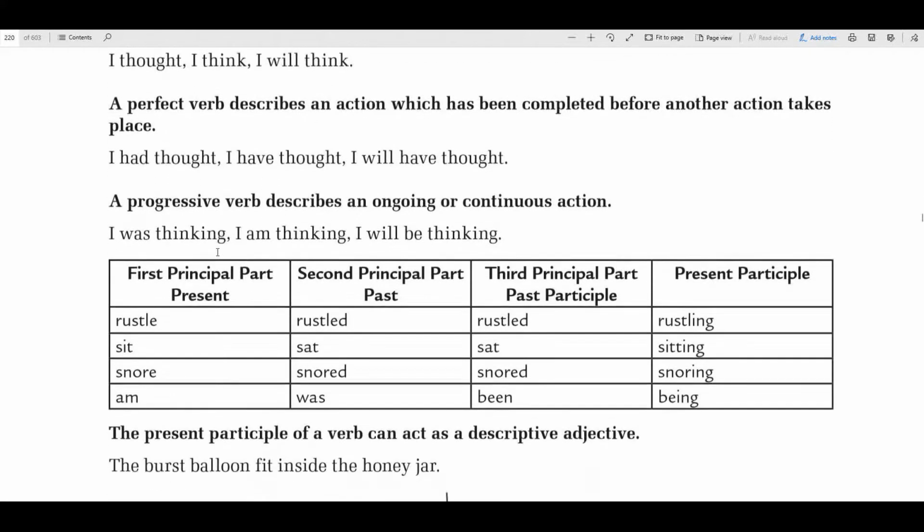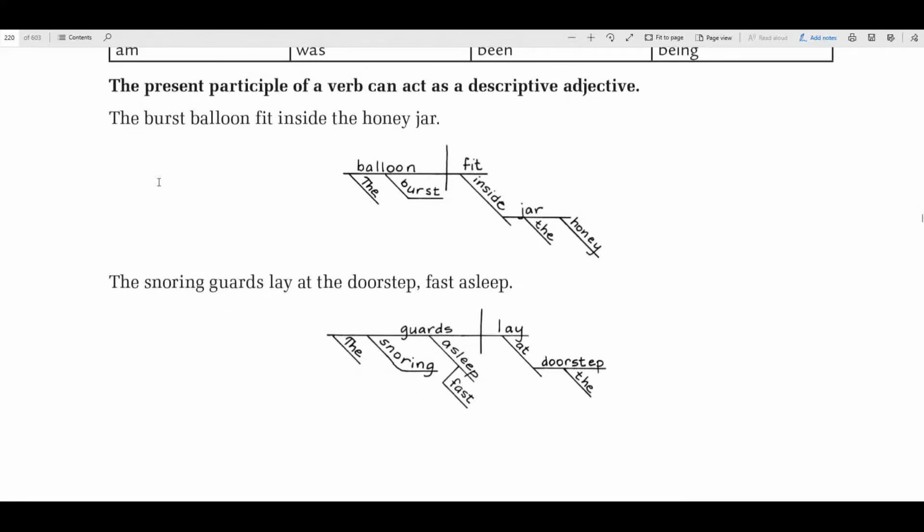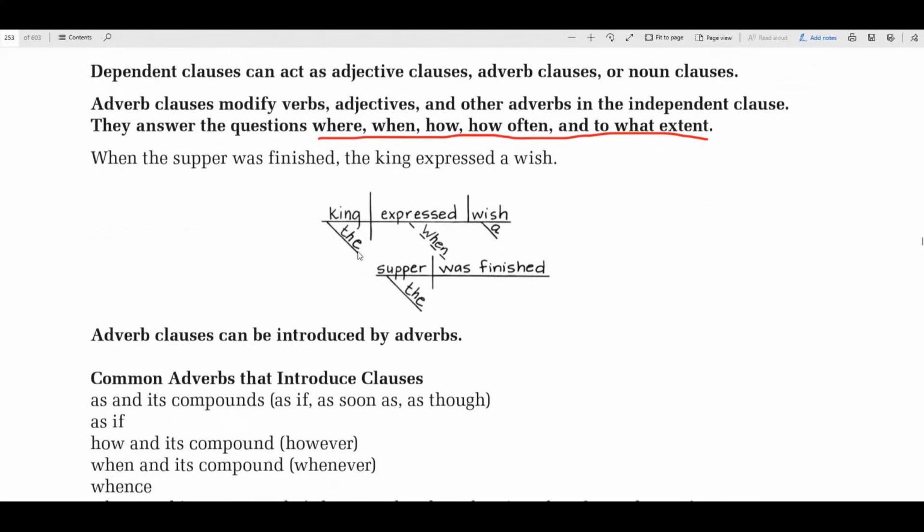Perfect verb, progressive verb. Okay, the present participle can act as a descriptive adjective as well. Okay, the burst balloon. Again, that's a participle. So your participle then is going to be a verb, but it's acting in a different fashion. Okay, let's see if we can find where we were then.